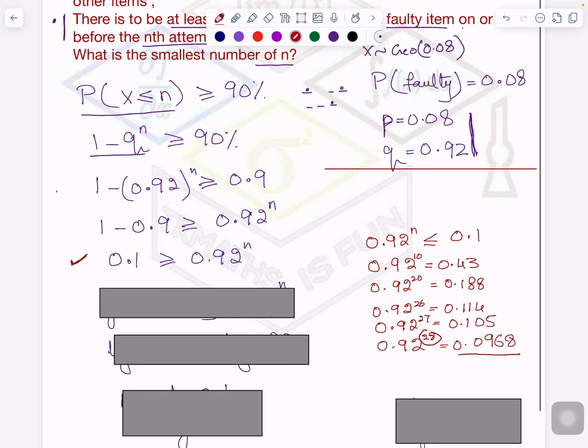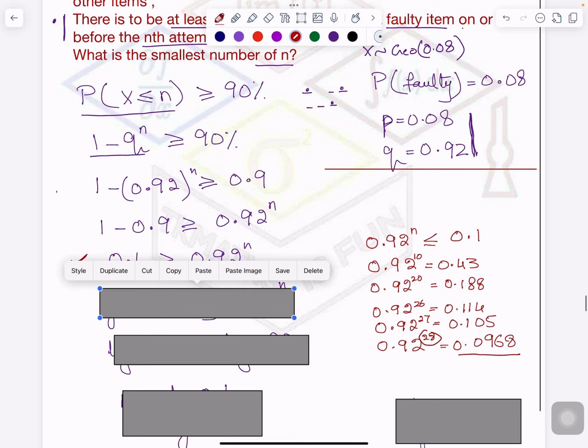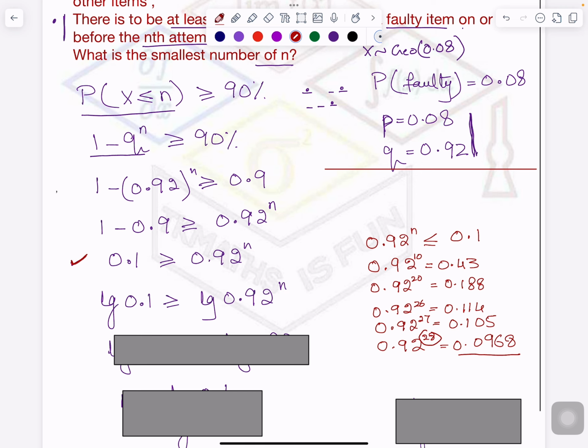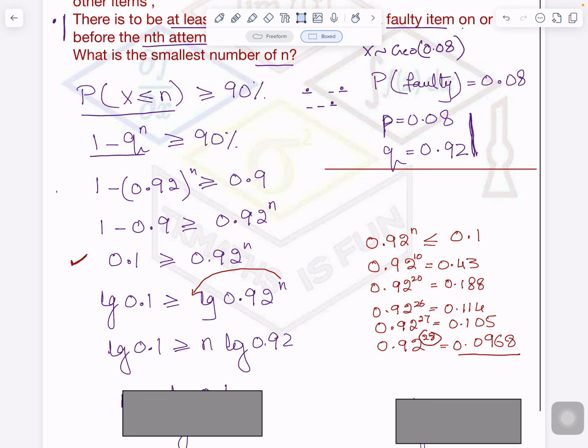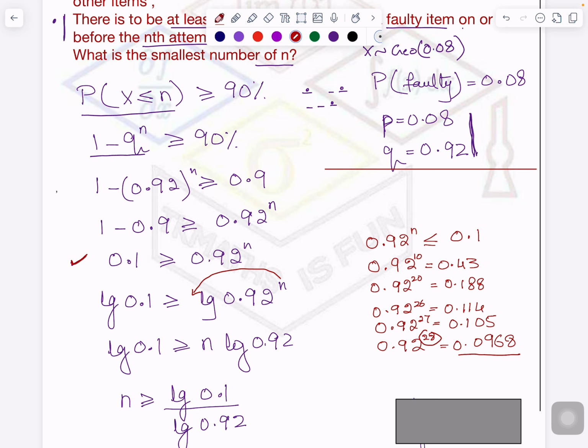And those who know log, what they will do is take log on both sides. After that, they will apply the power law and will come here, then this part will go as a division to the other side. But what did you notice here? Very important thing, the sign will reverse. n is greater than.